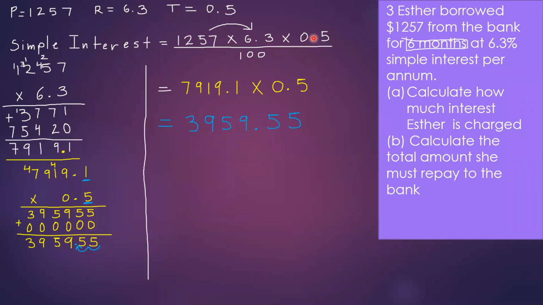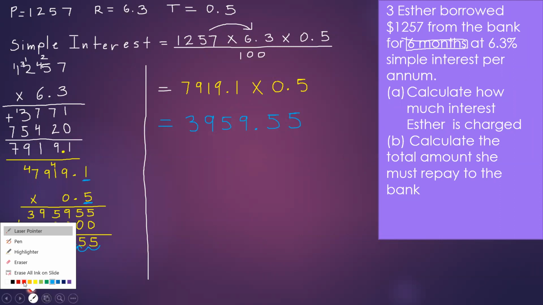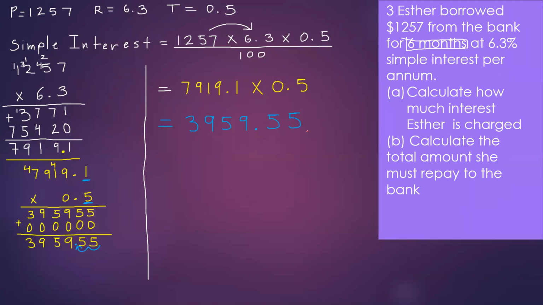So now you're going to figure out the total amount. It's the answer for A. Now we want the total interest.